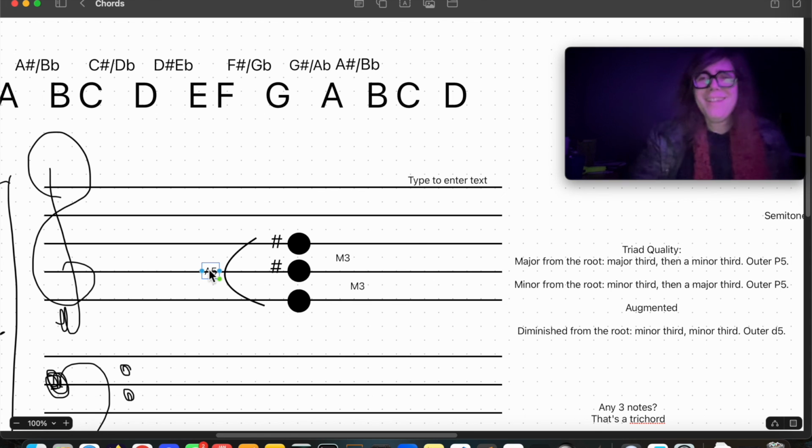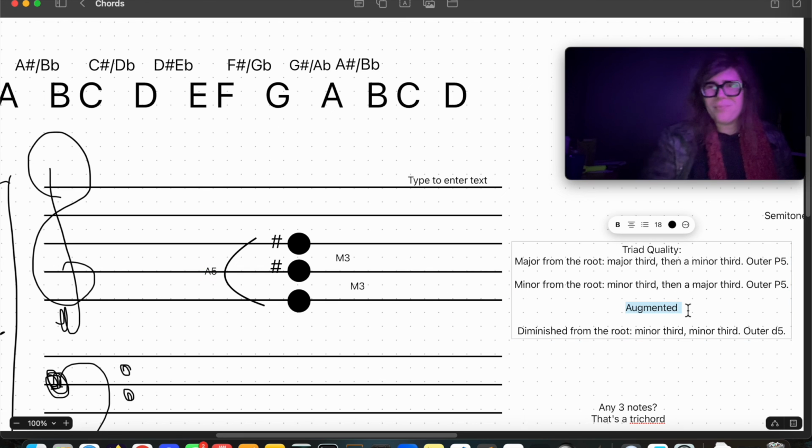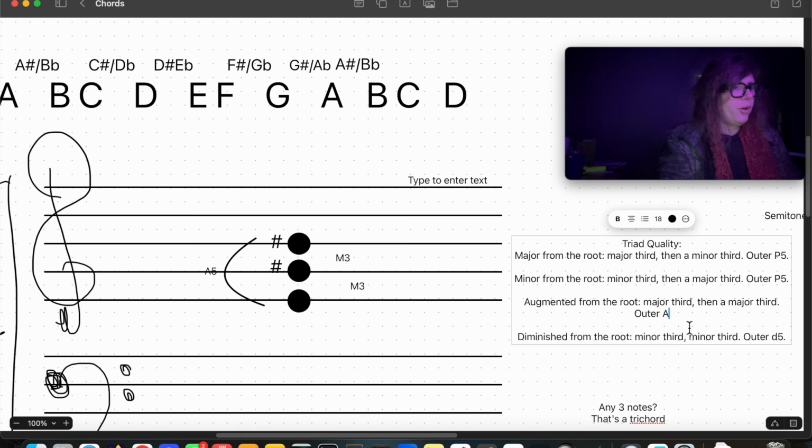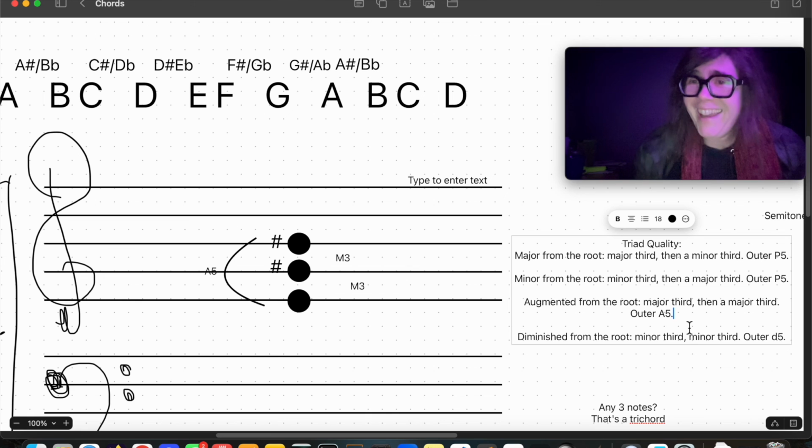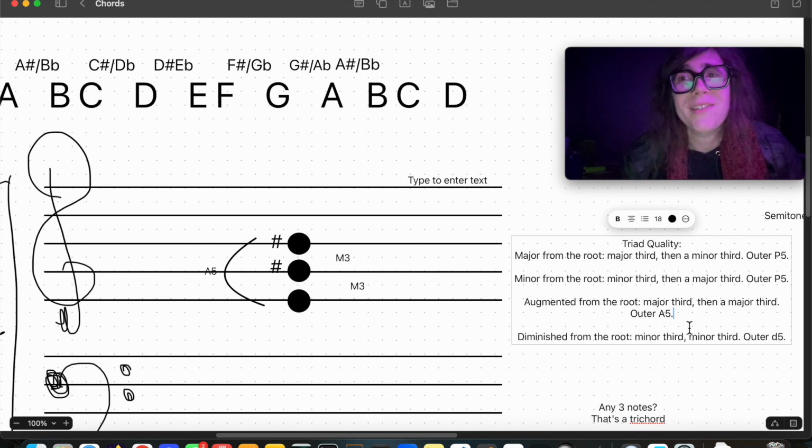Yep. So let me write this in here. Augmented from the root. We have a major third, then a major third. Outer augmented fifth. Okay.